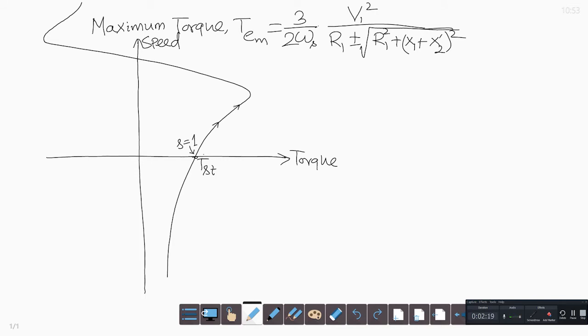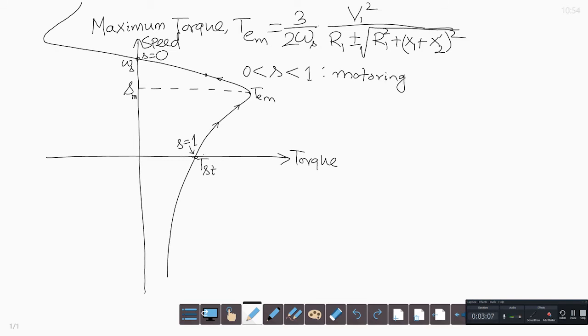This is some initial part, and then maximum torque is given by this point, which occurs at a slip Sm, and then machine enters into this region where it operates with slip between 0 and 1. This point is the synchronous speed point, where speed is the synchronous speed and slip is 0. So, within this region, slip is between 0 and 1, and this corresponds to motoring operation of the machine.